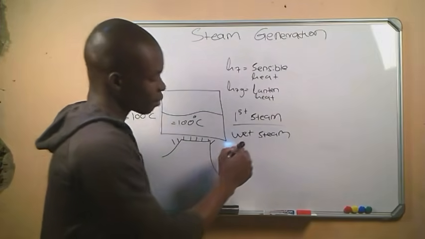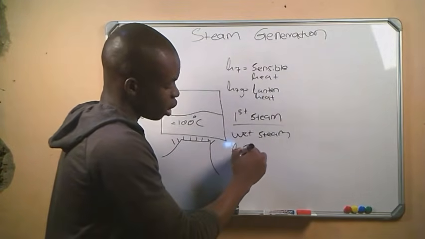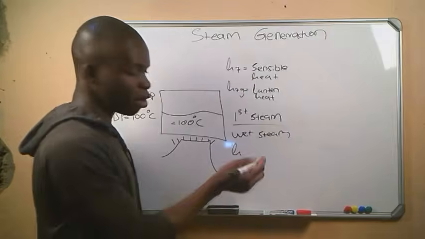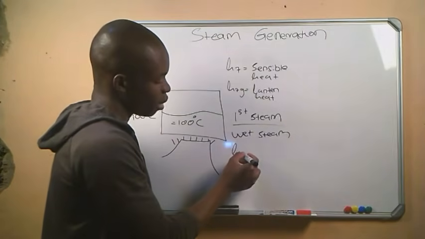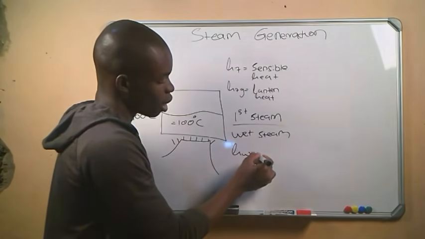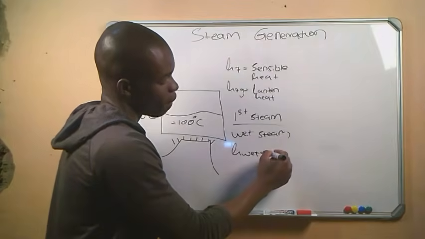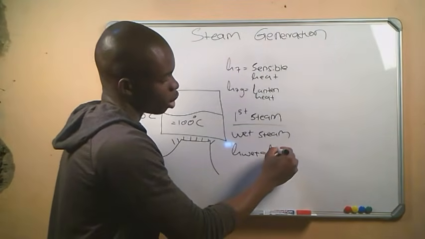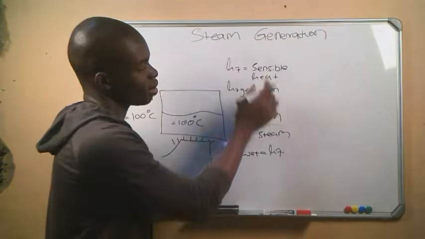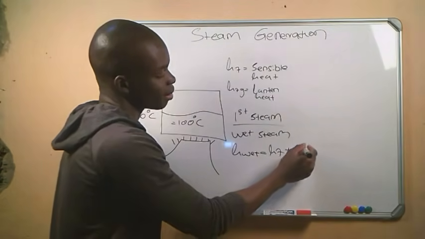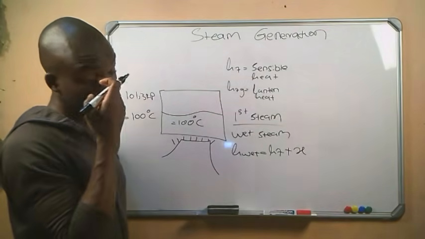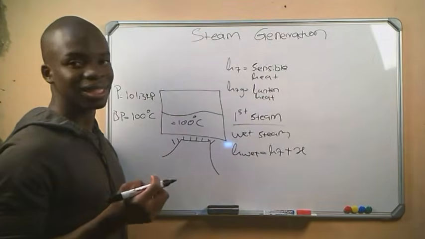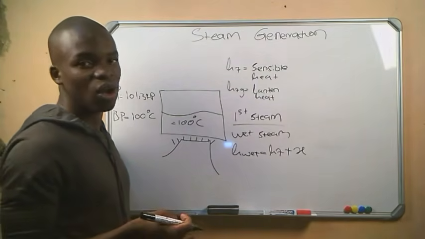And then the enthalpy of that steam will be H wet, given by Hf, which is the sensible heat, plus x, which is the dryness factor. The dryness factor tells us how wet the steam is.